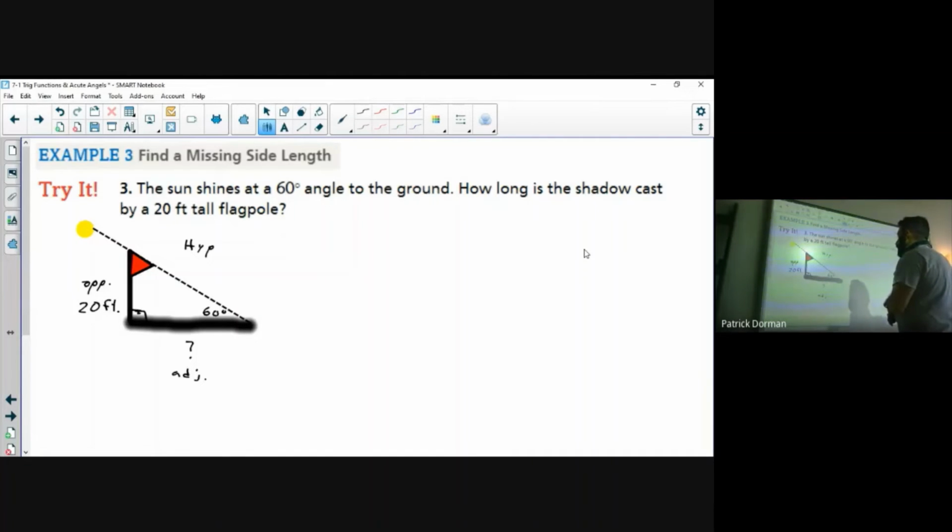So let's go ahead, and we could use any of these trigonometric ratios. Do we know our hypotenuse? No, we don't. We need adjacent. So we should probably have opposite over adjacent, right? If I try to do sine, what is sine? It's opposite over hypotenuse, right?